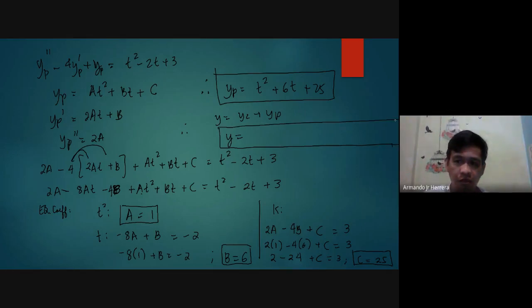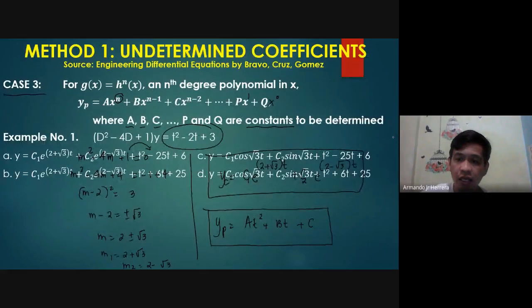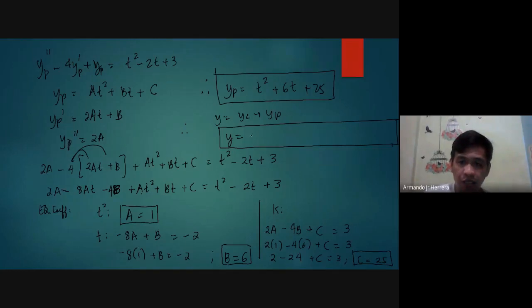What's our YC here? YC is C1 e to the 2 plus square root of 3t plus C2 e to the 2 minus square root of 3t. Plus YP, that is T squared plus 60 plus 25. So this will be our general solution.